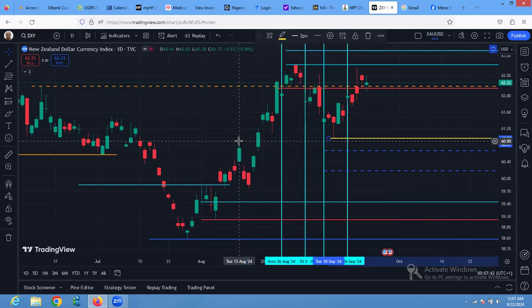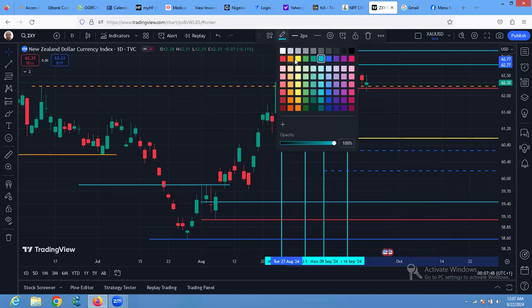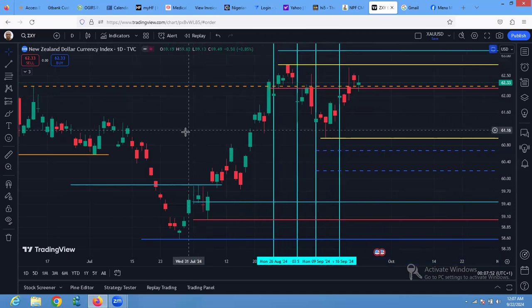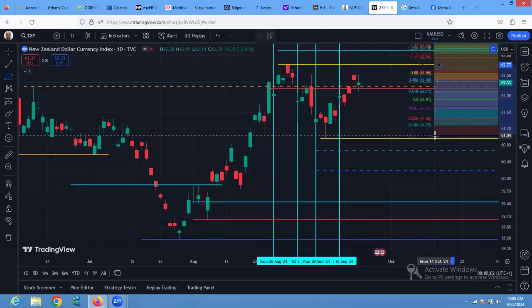So it means that from here now, we are seeing a new structure trying to build. Okay. So what we may expect here is a 23 to the upside, just like we saw with DXY. We may get a 23 to the upside.